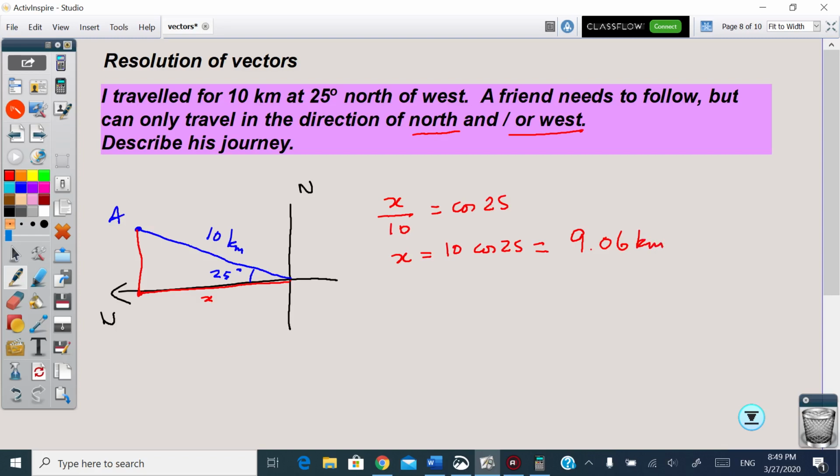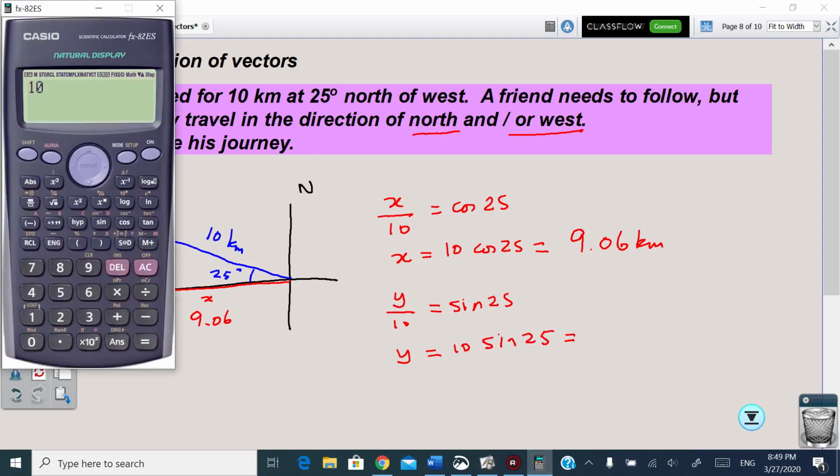How about calculating y, which is the distance he has to travel? It's possible to use the sine ratio or to use Pythagoras. Now that we know that this is 9.06, let's use the sine. Y divided by 10 equals sine 25. That means that y equals 10 sine 25, and this equals 4.23 kilometers.